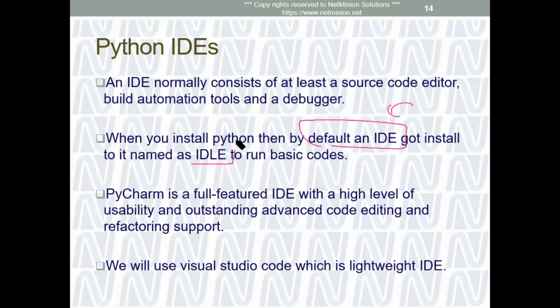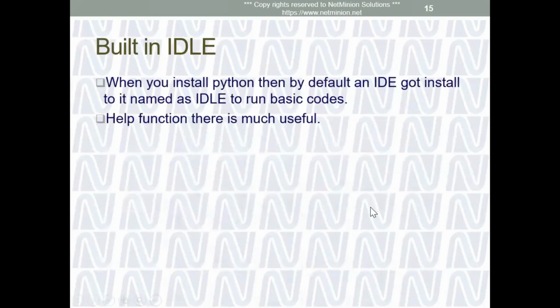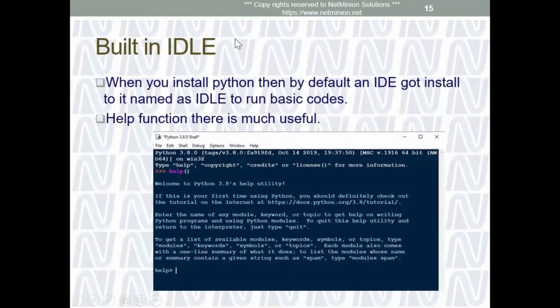That is IDE, and if you search for IDE, you can open that. But again, that is a bit like your interactive interpreter in our command prompt, which we get with the keyword Python. Not much use. We will be going to use Visual Studio Code. This is the glimpse of your basic IDE.